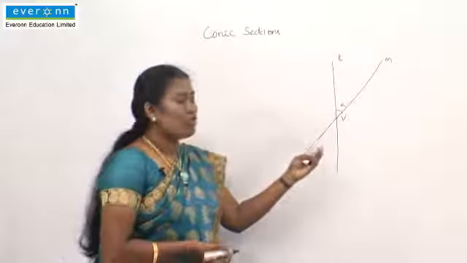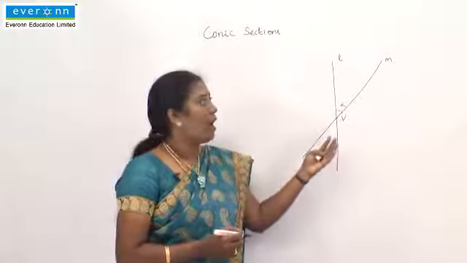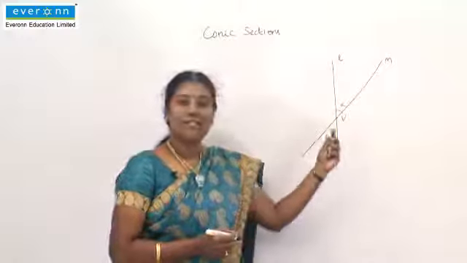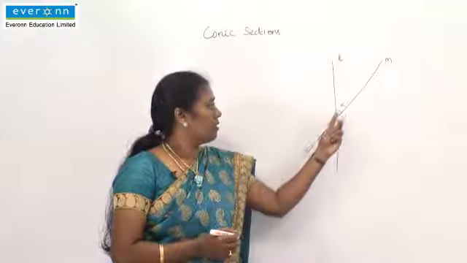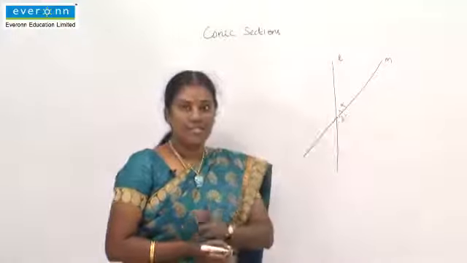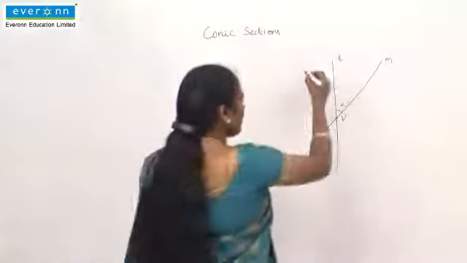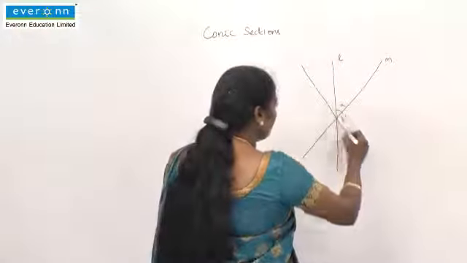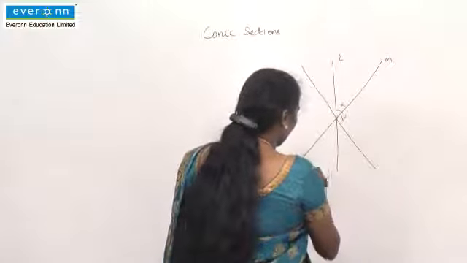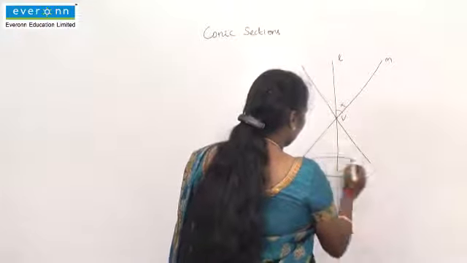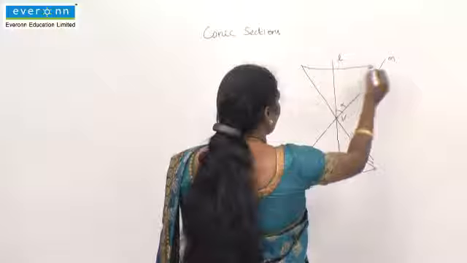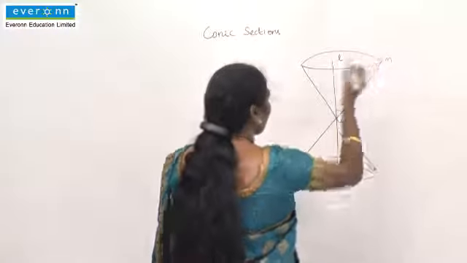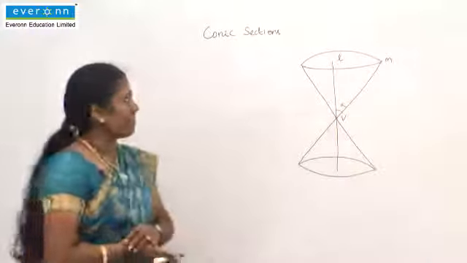If we rotate the generator line about the fixed line such that the angle alpha remains the same, we get a double naped cone. This is how a double naped cone is generated.